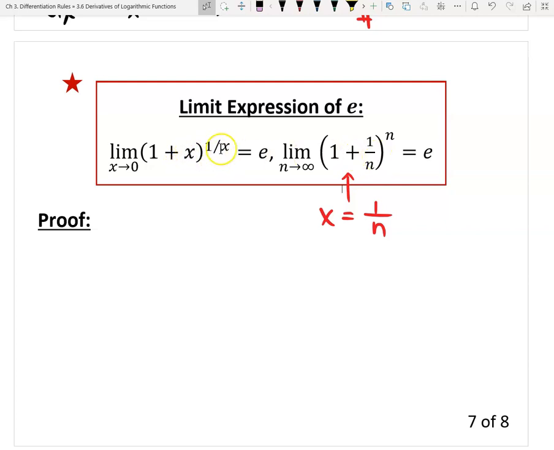Here x is 1 over n, so the reciprocal is n, and when x goes to 0, n of course goes to infinity. So the second is just a special case. All we need to do is prove the first.